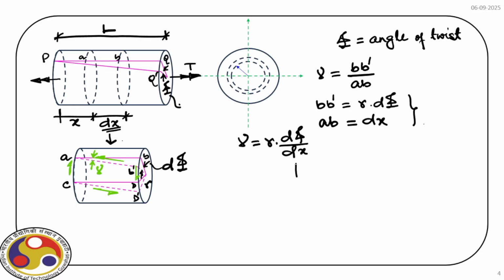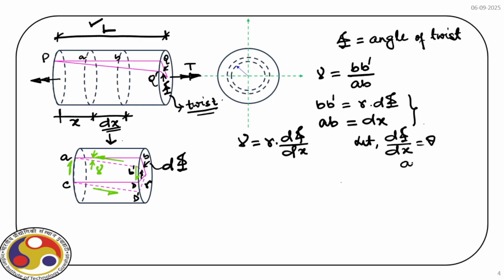So look at this quantity. It is actually the rotation over the unit length. If the rotation is phi, then the total twist over a length capital L is equal to phi divided by L. Obviously, we are talking about small deformation, and let d phi by dx be equal to theta.